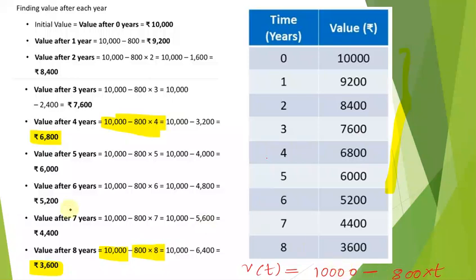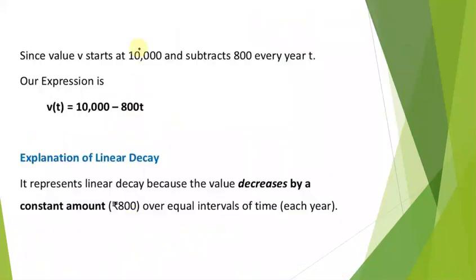So as the time increases, or as the years go on, the value of the phone decreases clearly by a constant value, 800. So you can clearly say that it is an example of linear decay. Okay, that is what is given here. The value of the phone starts as 10,000 and we are subtracting 800 every year. So the expression V of t will be 10,000 minus 800t. This is clearly linear decay because it decreases by a constant amount, 800, every time.